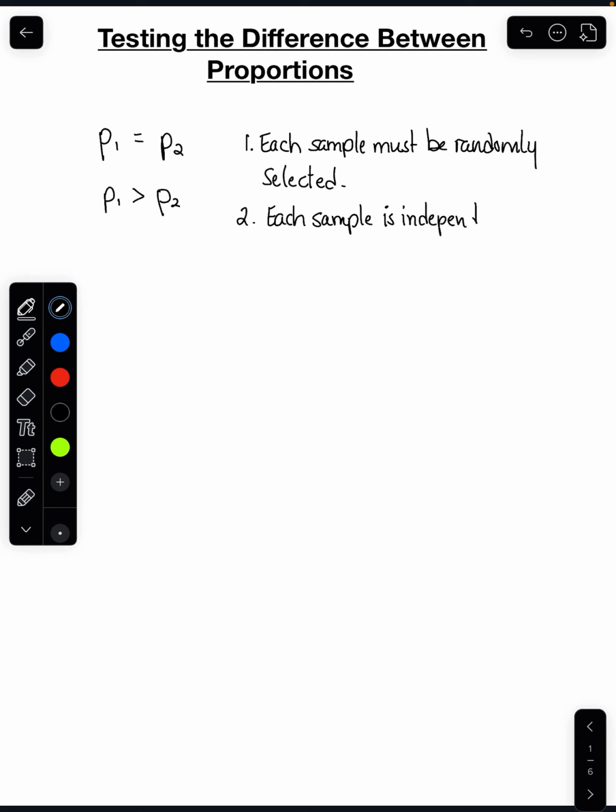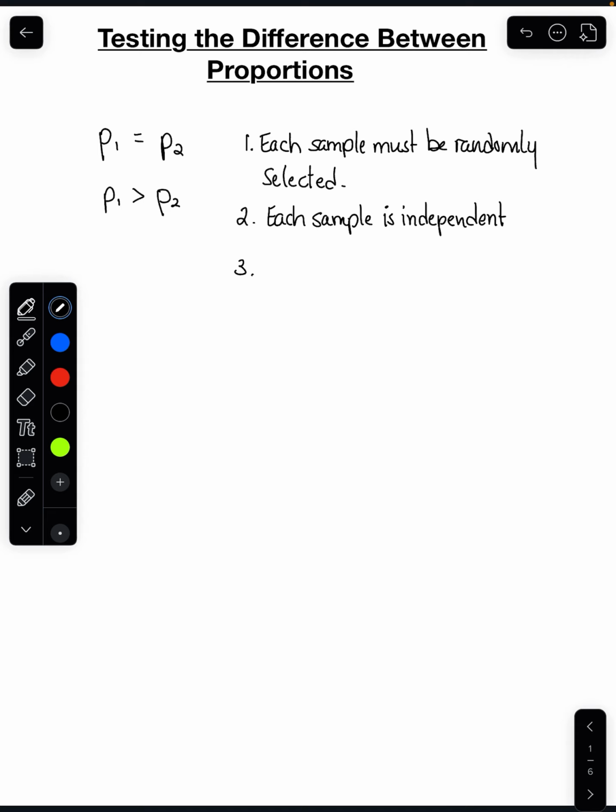And third, that in order to use the normal distribution, we need to ensure that certain conditions are met. The idea here being that the proportion is going to come from a binomial situation.